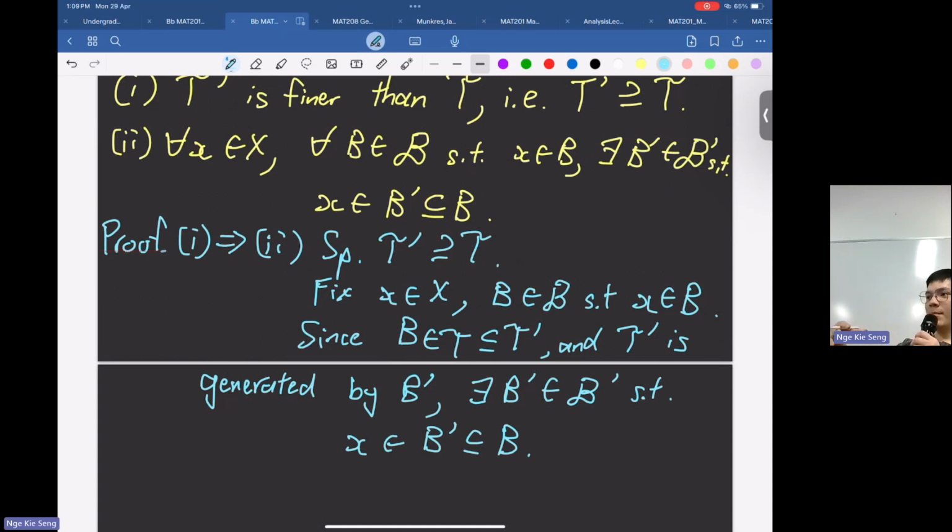You can use some basis element to cover your point.